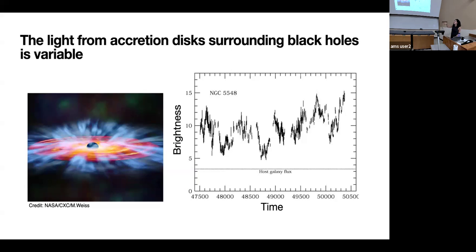And you get these fluctuations in the brightness from the center of the galaxy due to turbulence in the accretion disk. So if you take many, many observations of a galaxy over time, you can look for these fluctuations and establish whether that galaxy has an active black hole or not.